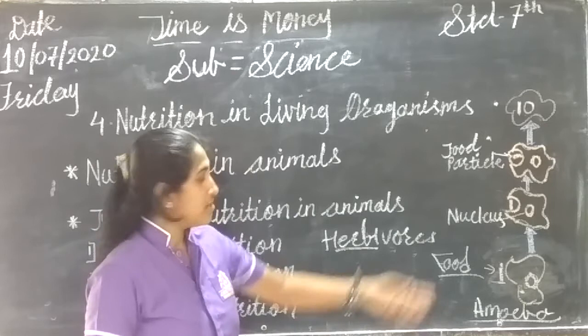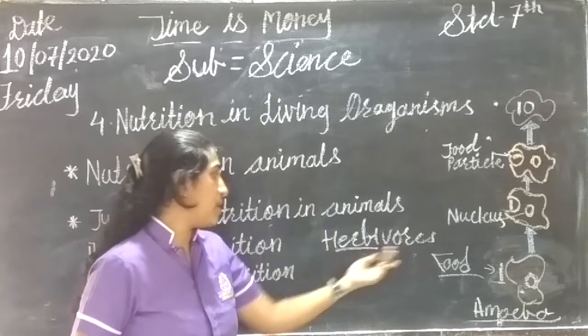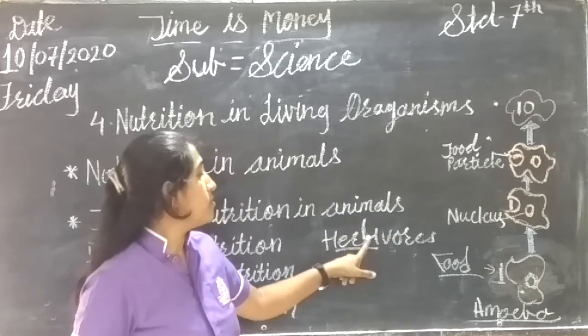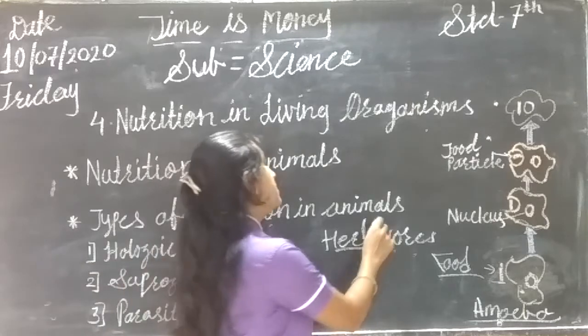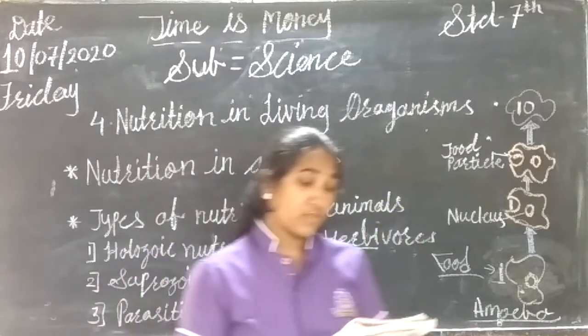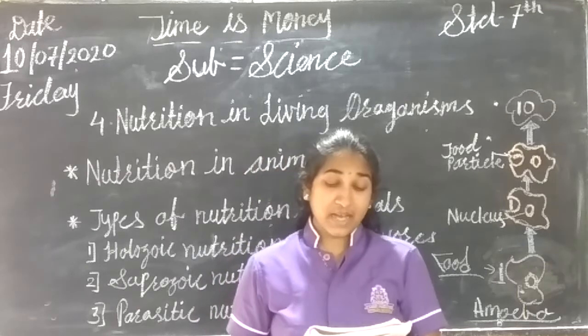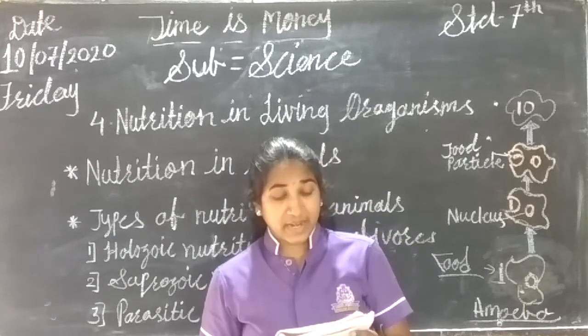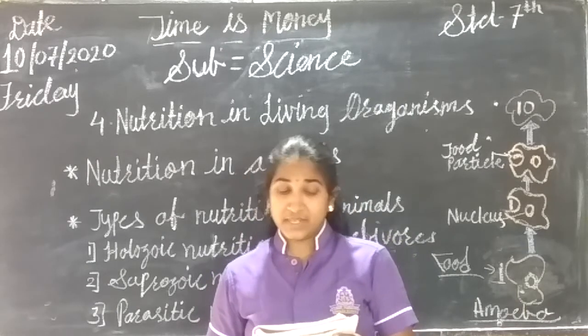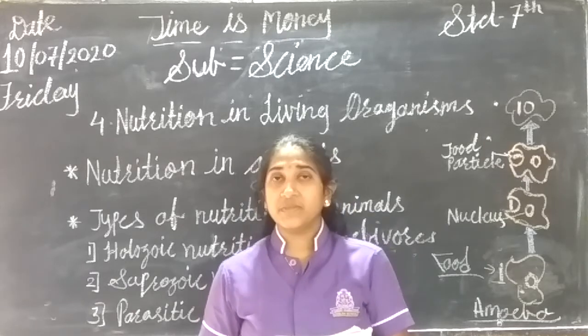The plant. Herbivorous animals use plants directly as their food. Examples are grazing animals, granivorous, that means seed eaters, and frugivorous, that means fruit eaters.